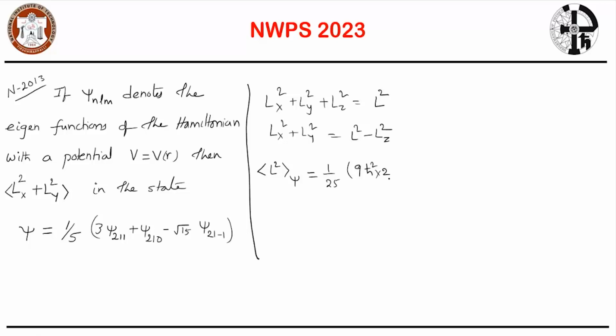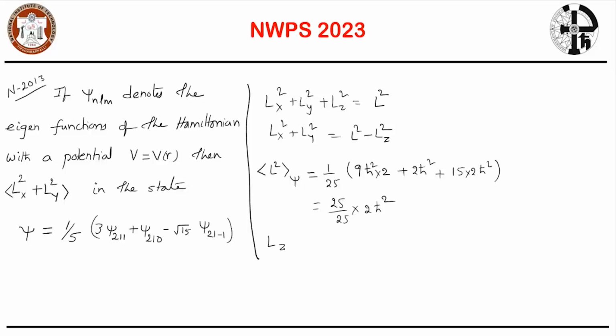The second one is again 2h cross square. The third one gives you 2h cross square again. So 9 and 1 is 10, 25, 25 will go away, and this is the answer: 2h cross square.